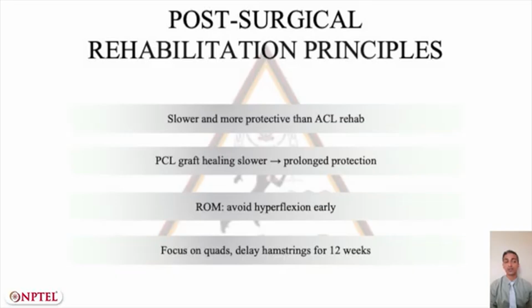Muscle strengthening focuses on quadriceps, while hamstring strengthening is delayed until around 12 weeks of rehabilitation or till phase 3 of the criteria based progression. Full return to sport may take around 9 to 12 months of extensive rehab under supervision.